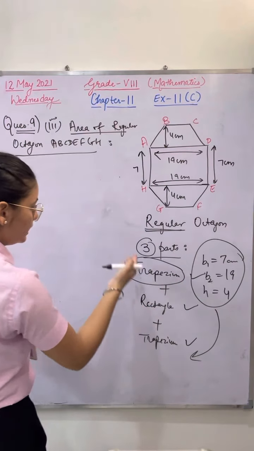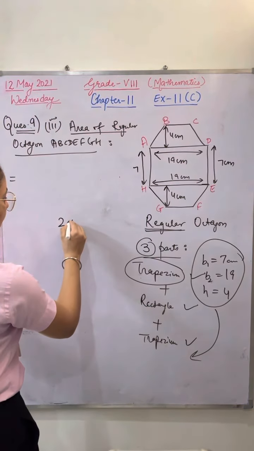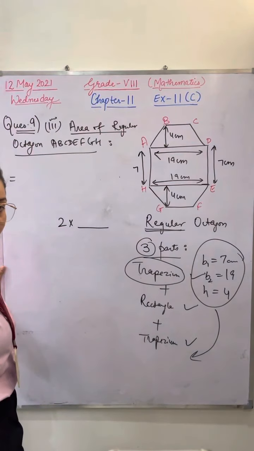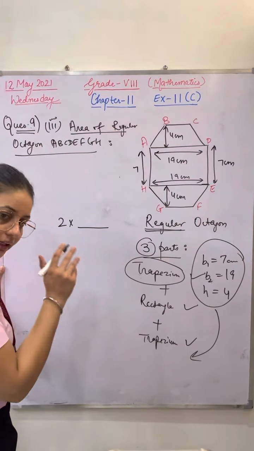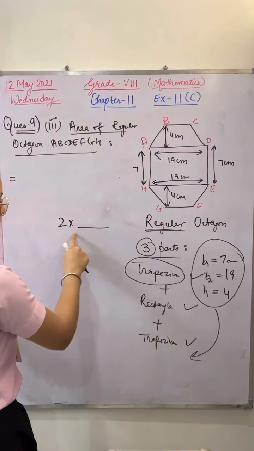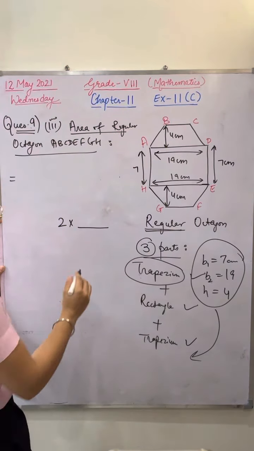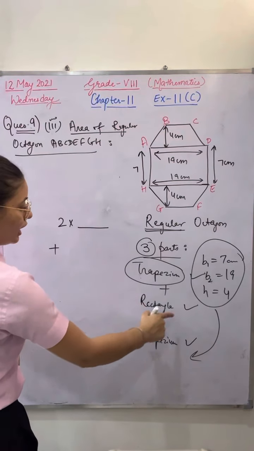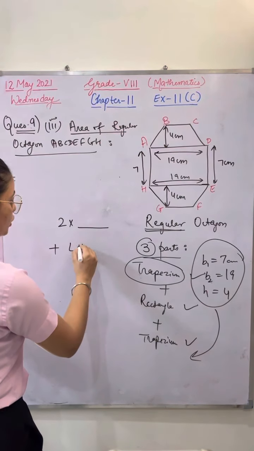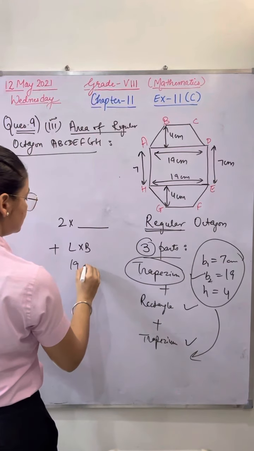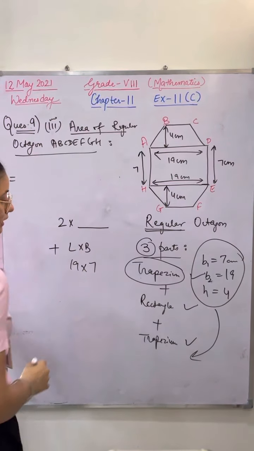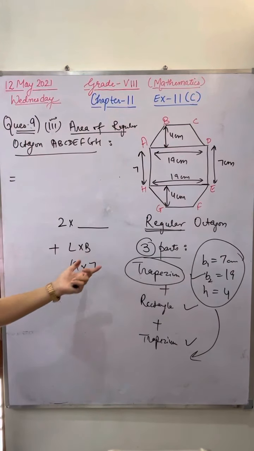So you can write 2 times area of trapezium plus area of rectangle. Rectangle is length into breadth. Length is 19 and breadth is 7. Solve it and take out your answer.